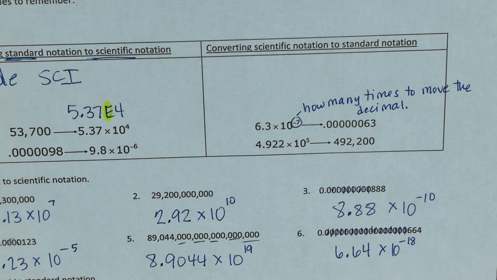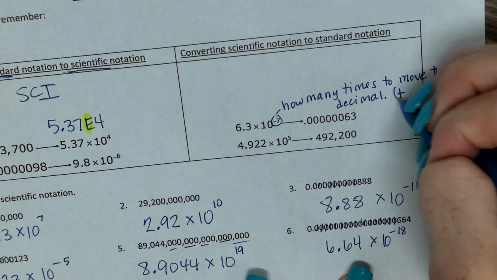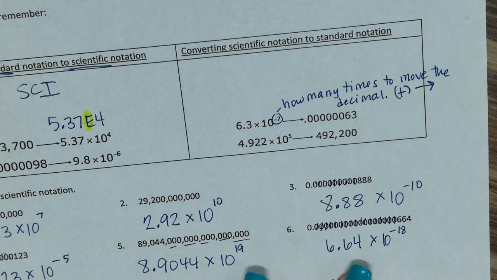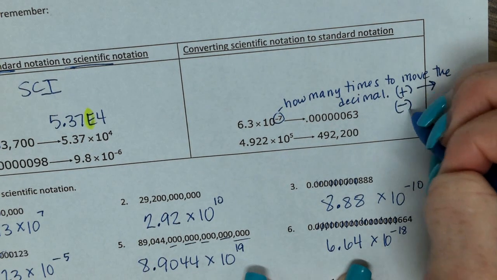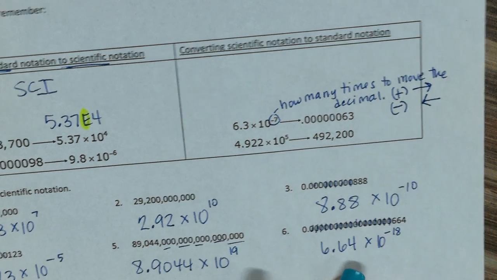Do y'all hear me? What does the exponent tell you? How many times to move the decimal. If it's positive, you go to the right. If it's negative, you go to the left. So write that. Positive, go to the right. Negative, go to the left.